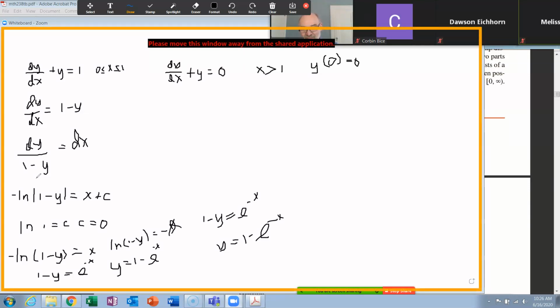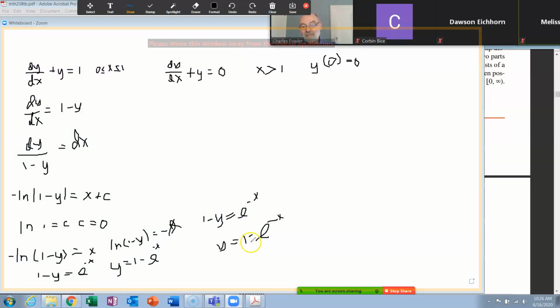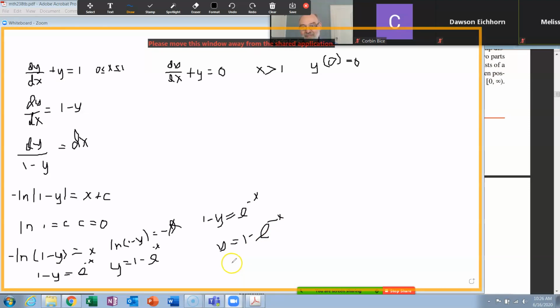But this is making a little more sense here. That's the left-hand side. Now the point I was trying to make is when x is equal to the other end, 1, then y is equal to 1 minus e to the minus 1. That's going to be a special number, we'll get to that in a minute.